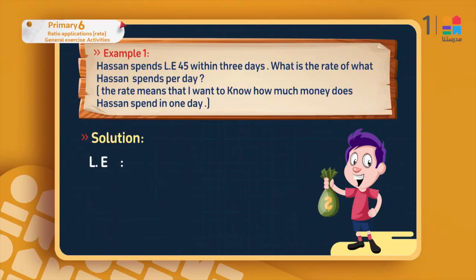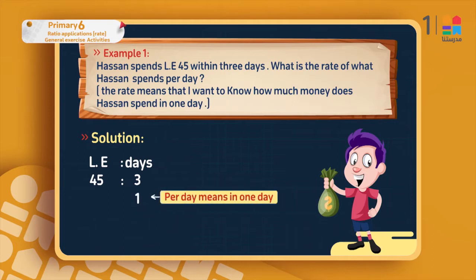So I will write my terms: LE to days, because I'm comparing between the LE and the days. So 45 pounds to 3 days. I'm asking about every 1 day, so I will put 1 under the day term. So per day means 1 day.